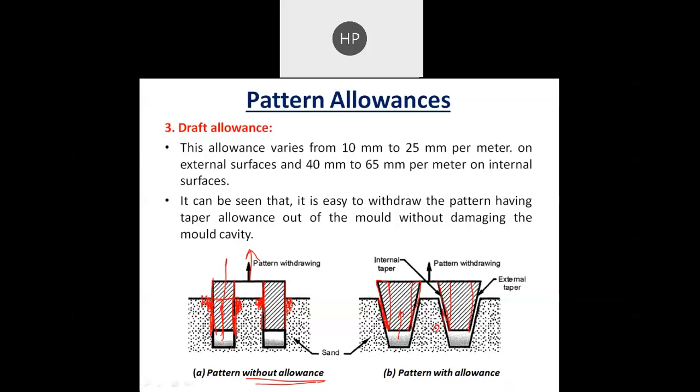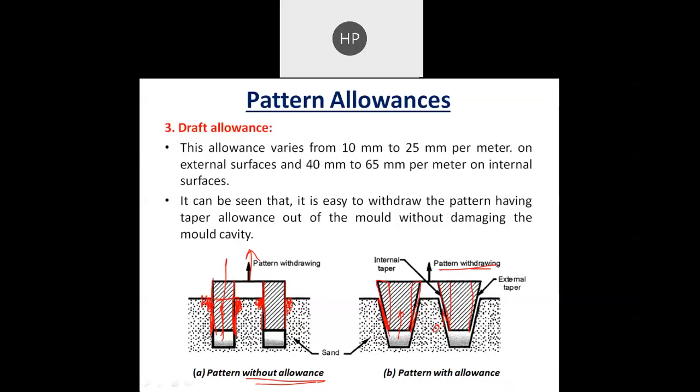While here, as you just lift this pattern, there is a separation between the sand and the pattern, so it will not damage your mold or sand. That's why, for easy removal of this vertical face, we give an allowance, which is known as a draft or taper allowance.